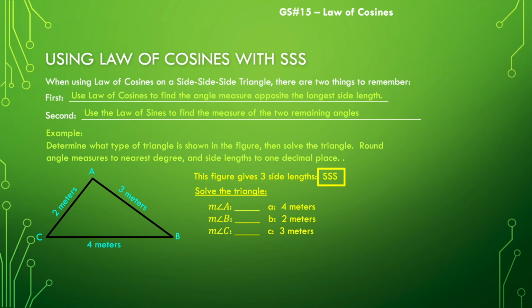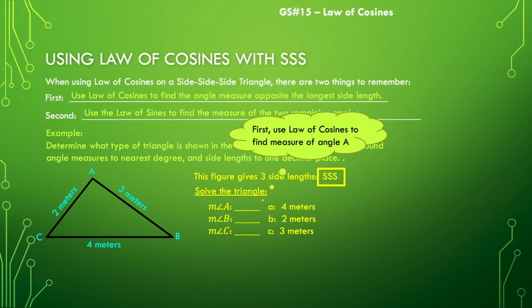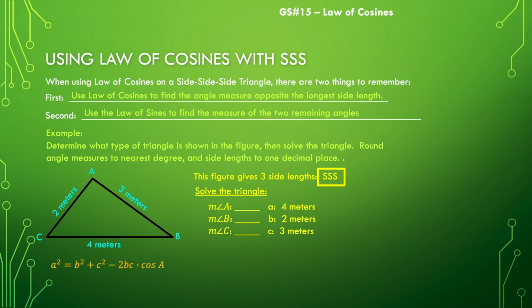So we are interested in finding the measure of angle A. We are going to set up law of cosines so that we have angle A in this position. If we've got angle A in this position, that means side a is on the other side of the equal sign. Okay, and so we're going to go ahead and sub in everything we know.